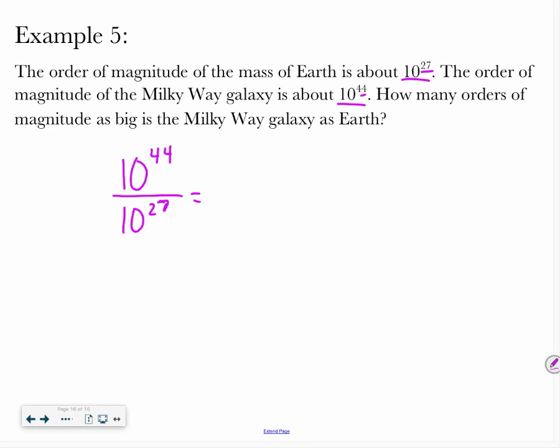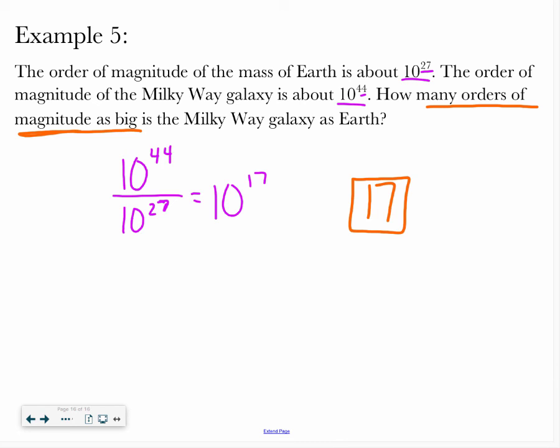So this is the same as saying 10 to the 17th, because we do 44 minus 27. So to answer the question, how many orders of magnitude as big, we would say 17 is our answer. It is 17 orders of magnitude bigger than the Earth.